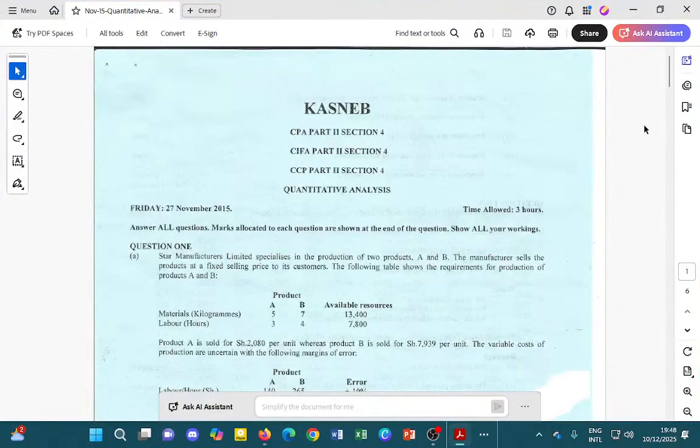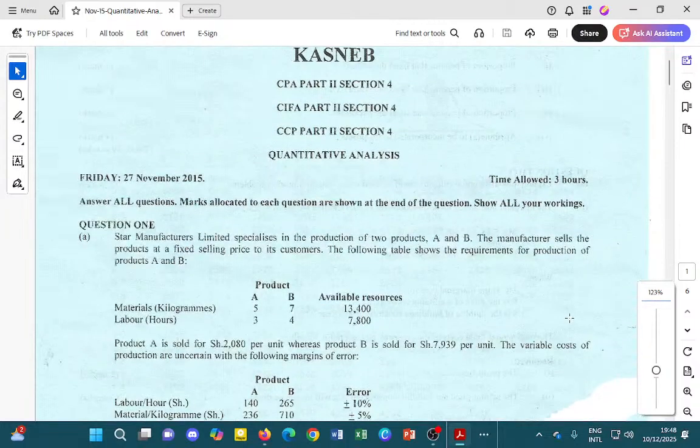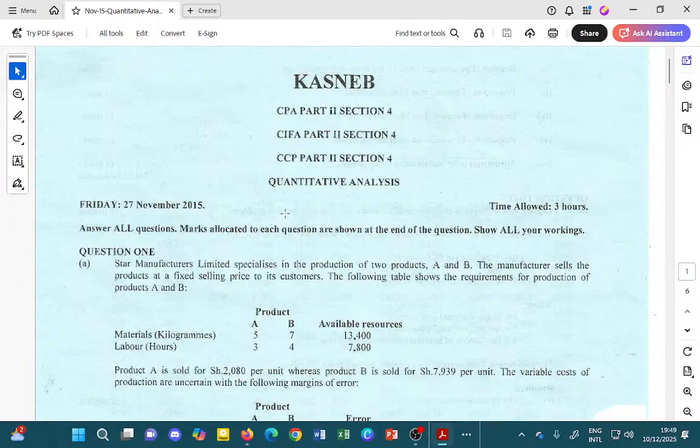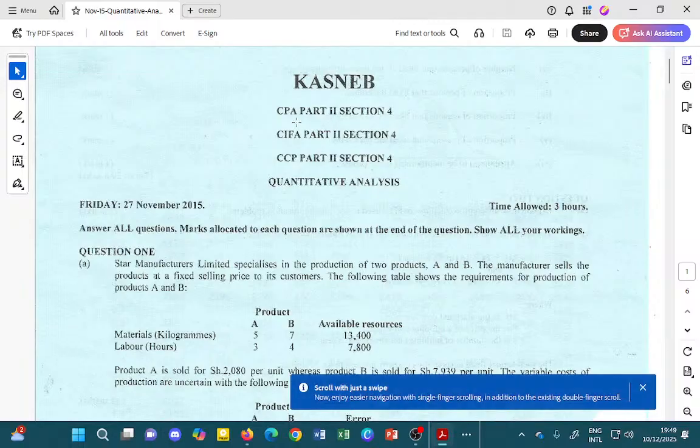So the paper that we are interested in is this, the one projected. So the paper is KASNEB, as we can see, and CPA Part II Section 4, CIFA Part II Section 4, CCP Part II Section 4.